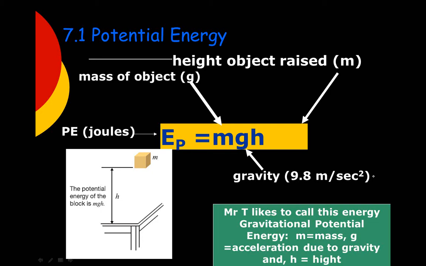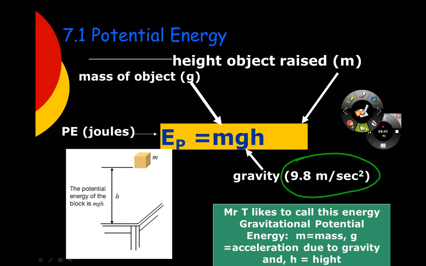M is the mass of the object, g is gravity, and h is the height that it's raised. So we can figure out the potential energy of an object if you know how high it is over the surface, what the mass is of it, and if you're on the planet Earth, what the acceleration due to gravity is. I like to call this gravitational potential energy.